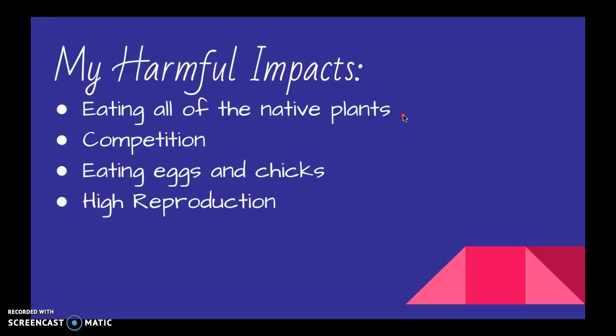They impact the native biodiversity by consuming a lot of the native plants, and they compete with birds for fruit and seeds. They negatively impact the environment by eating eggs and chicks from endangered forest birds. So that hinders the endangered forest birds from reproducing more, which doesn't help them being endangered.